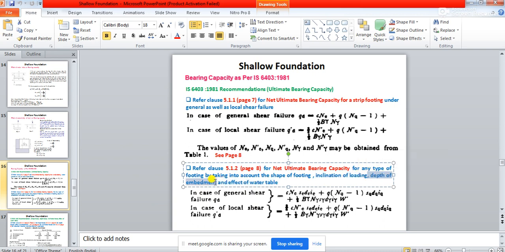So these two things we have not discussed, but if you remember, we have discussed the effect of shape of footing and the effect of water table on the footing.